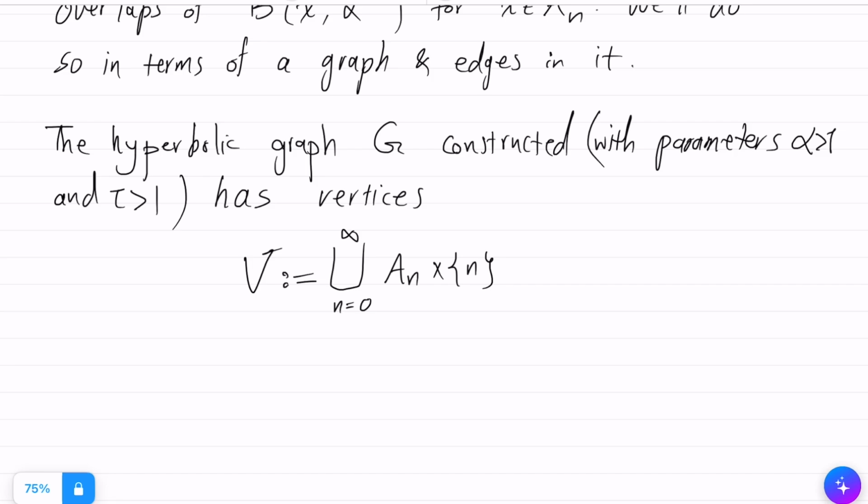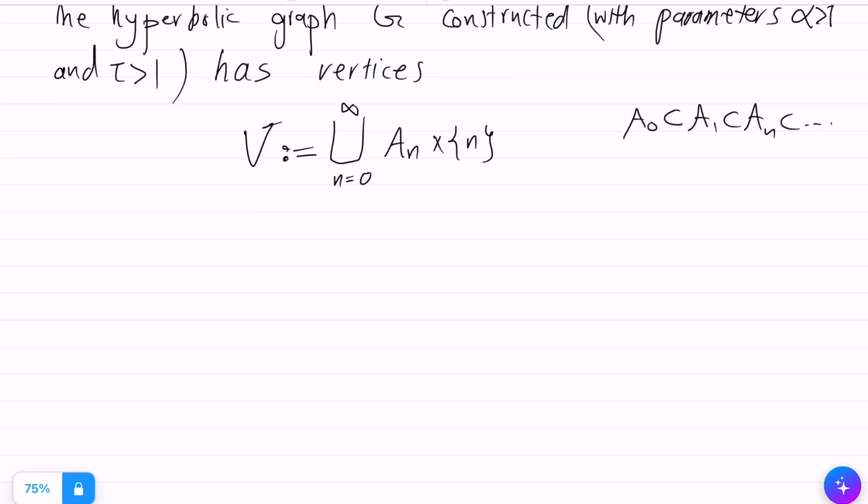So you had these choices of An, but now you also remember at what level you picked those points, because without this n, these are just subsets of X. So if I gave you a point and said x actually is picked here, without knowing at what level you picked it, there's loss of information.